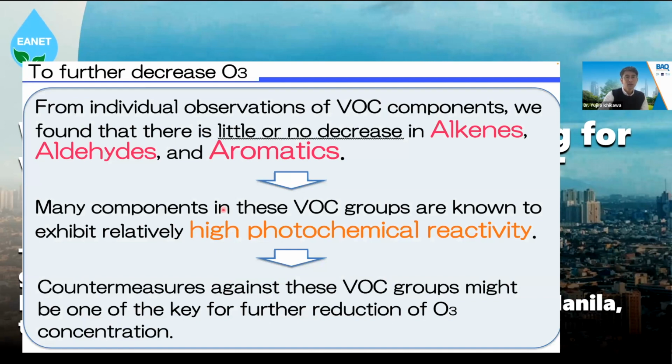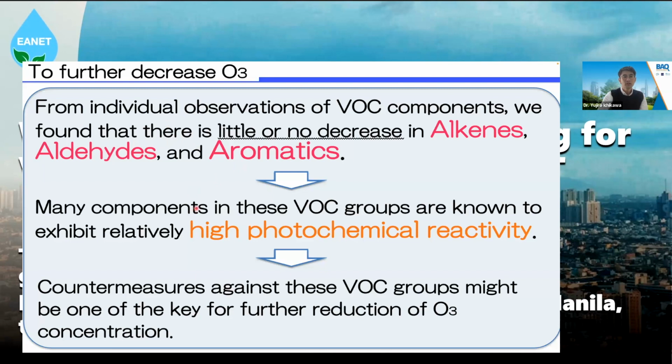So I will summarize what I want to say from this result. From individual observation of VOC components, we found that there is little or no decrease in alkenes, aldehydes, and aromatics.